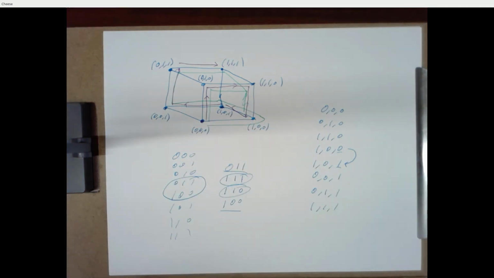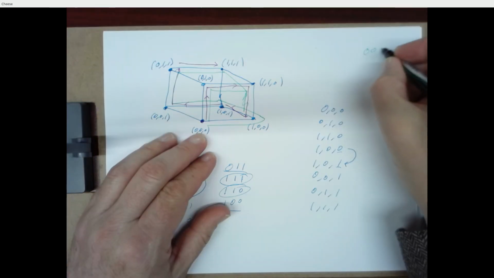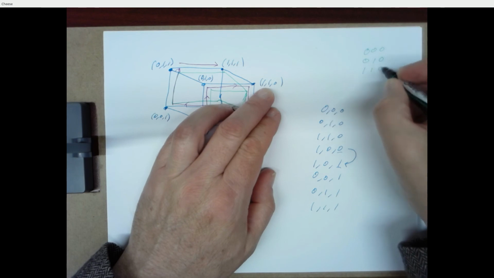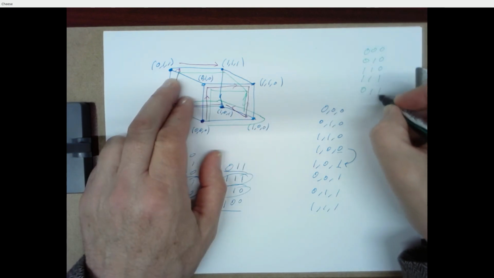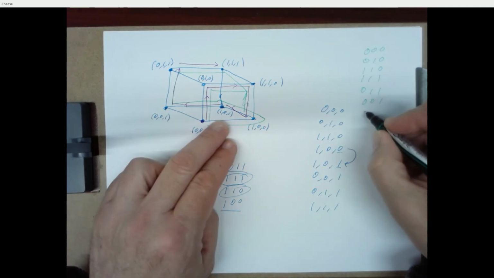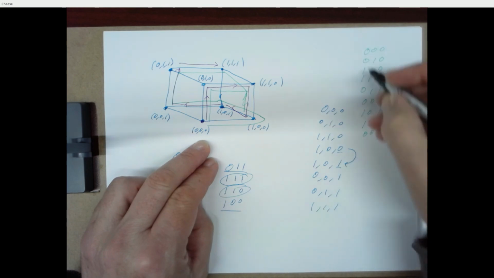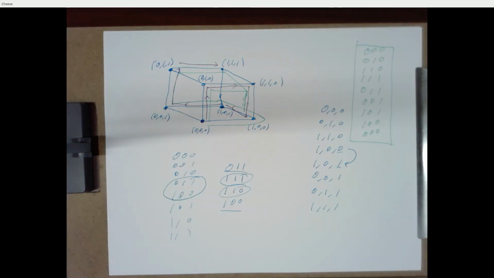And so if we do that, our coding is 0, 0, 0, 0, 1, 0, 1, 1, 0, 1, 1, 1, 0, 1, 1, 0, 0, 1, 1, 0, 1, 1, 0, 0, and then back to 0, 0, 0. And that's your classic reflective gray code.